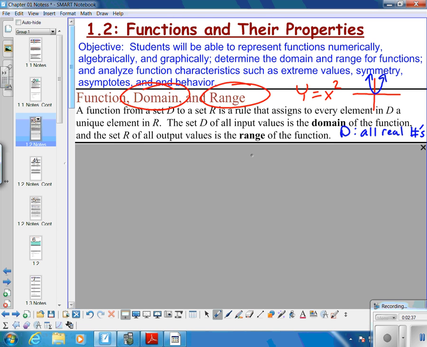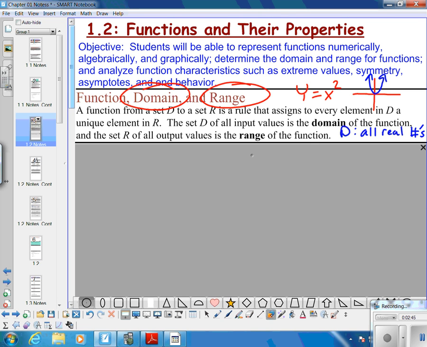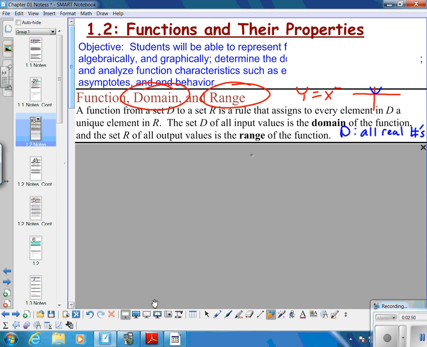The y values that are hit, though, are only from 0 to infinity. There's no negative values that are hit. So what we would do for the range is we would write range to be from 0 to infinity.